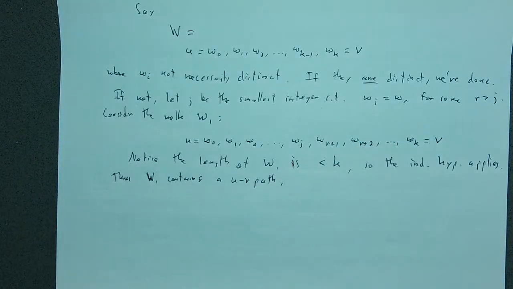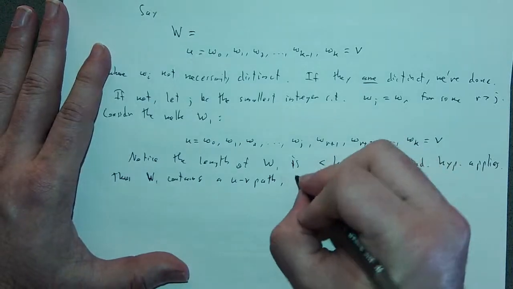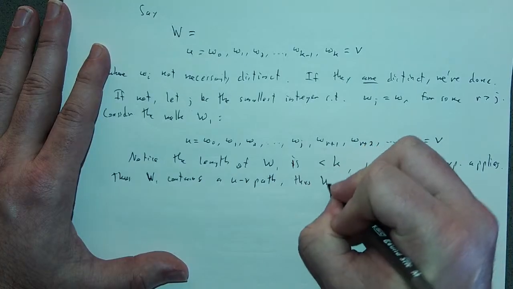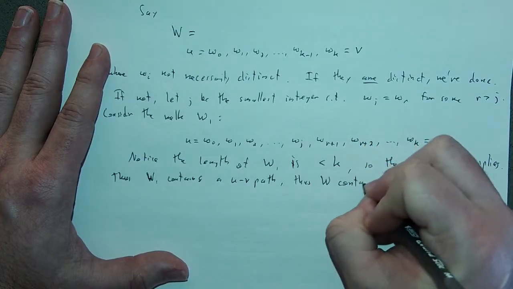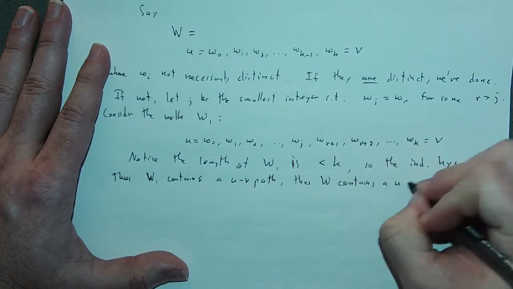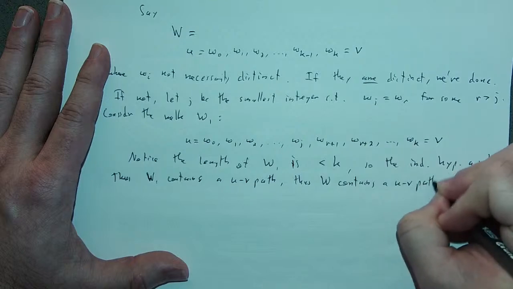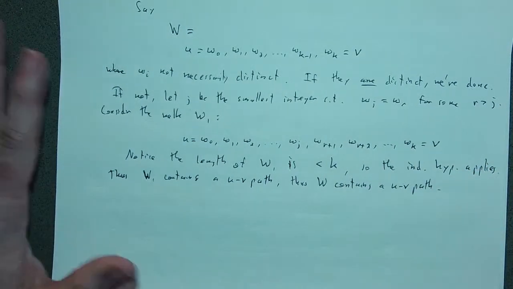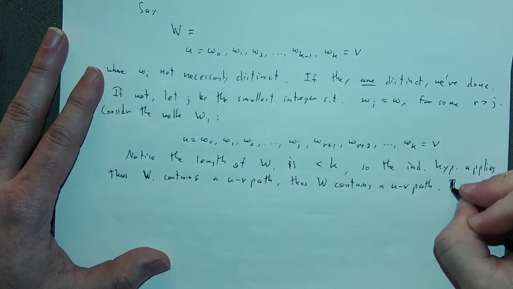But since W1 contains a UV path, W contains a UV path, since W1 is just a subwalk of W, if you like. And that is what we're proving.